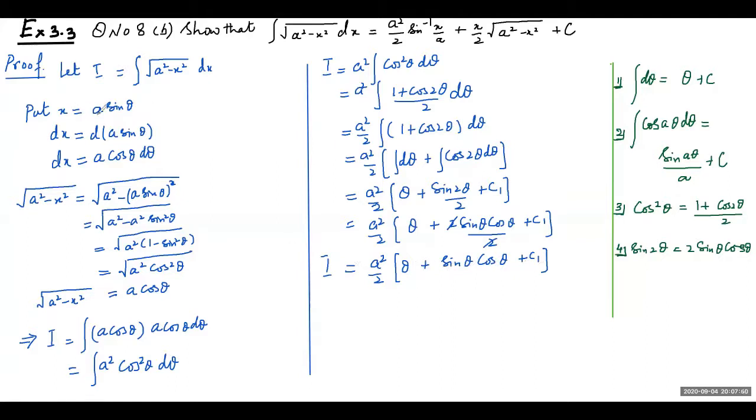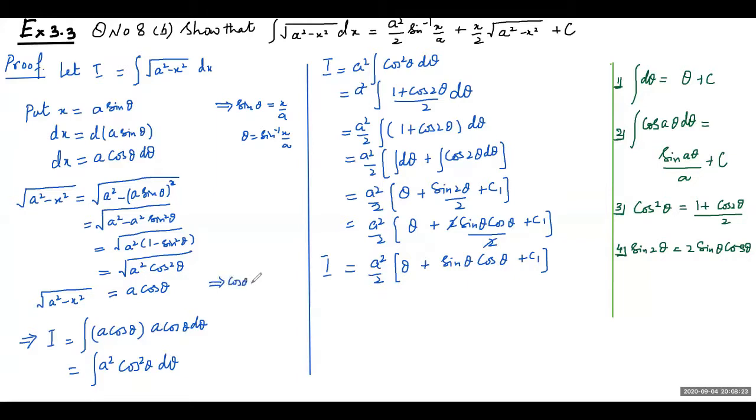Now we go back to these substitutions. We have left some blank space on the right side of the page. So in front of x equals a sine theta, write sine theta. It becomes x by a, that is, evaluate sine theta from it. Also evaluate theta from it, which becomes sine inverse x by a. And come to this result, and from here evaluate cos theta.